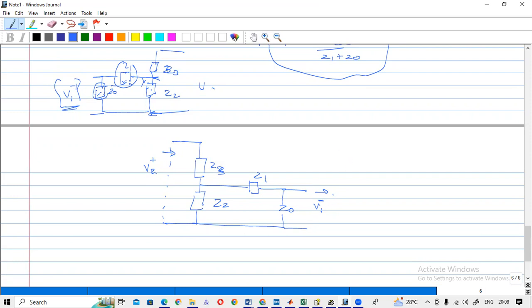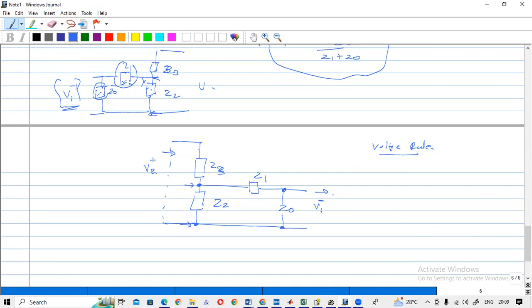Now you have to calculate this one, so you have to apply the voltage dividing rule. First you have to find the voltage between this terminal and this terminal. So how to find that?